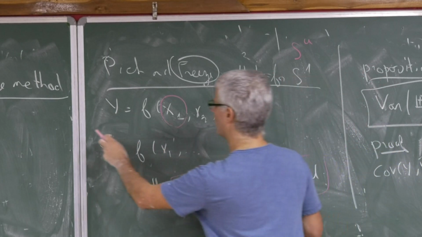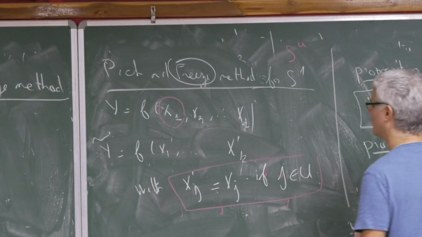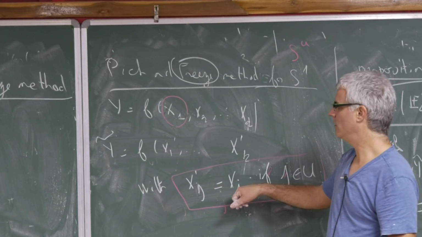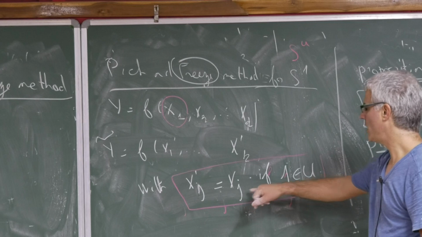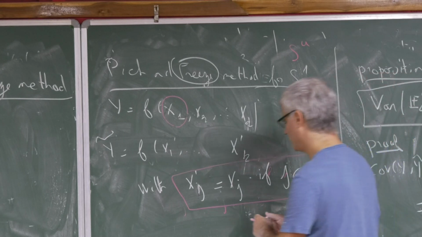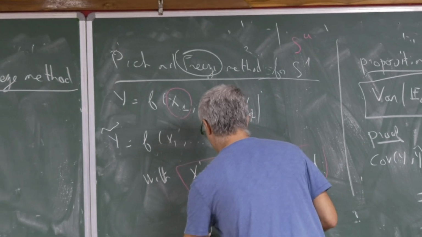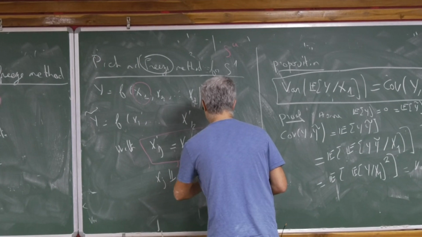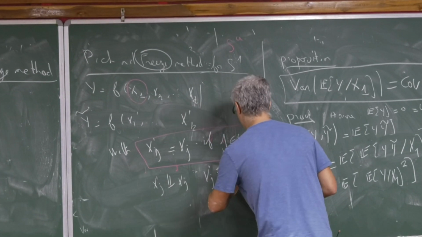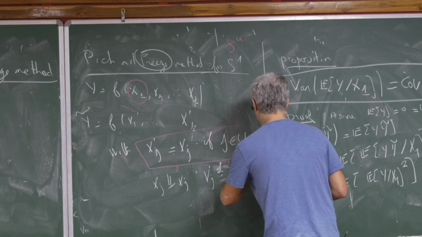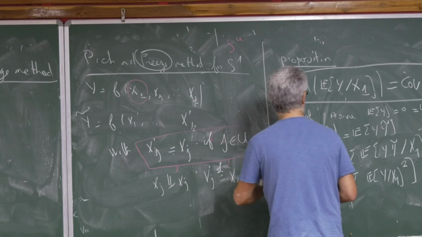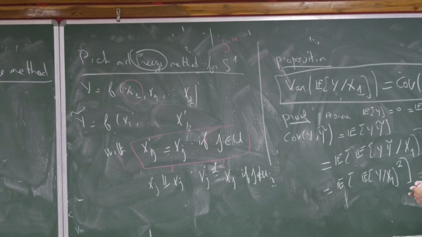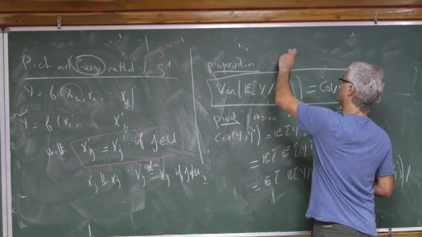In y tilde, you keep the same variable if the index j is in U, and again you have the same result.